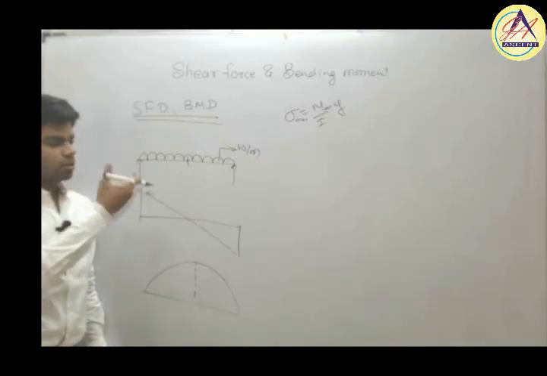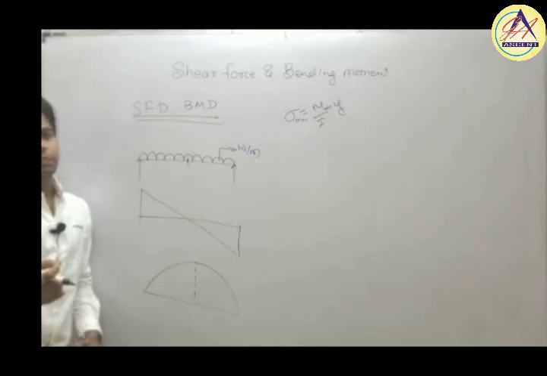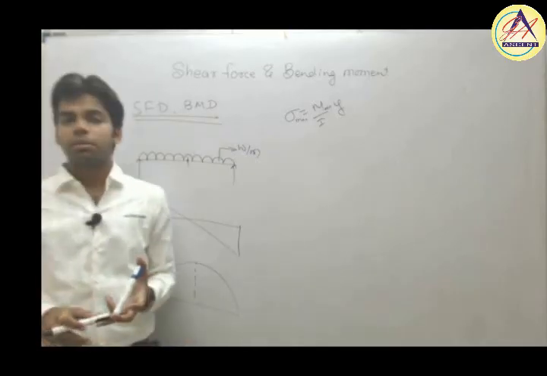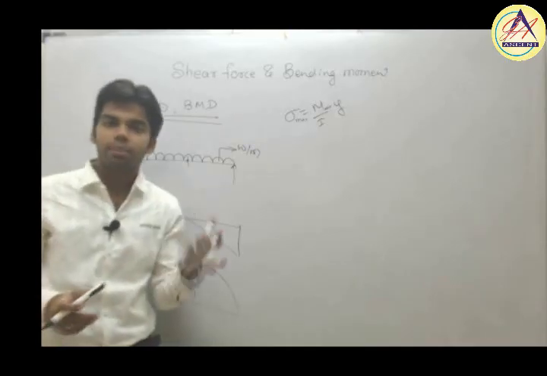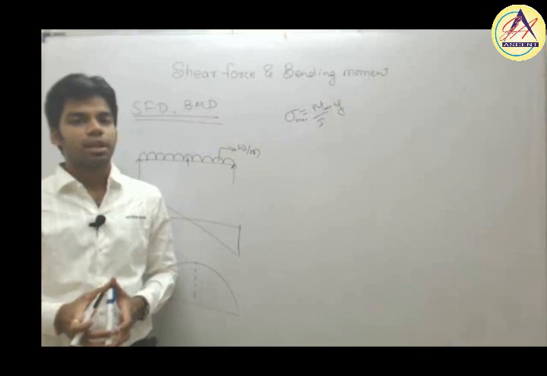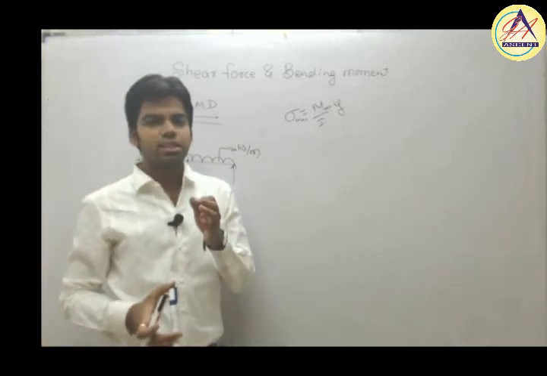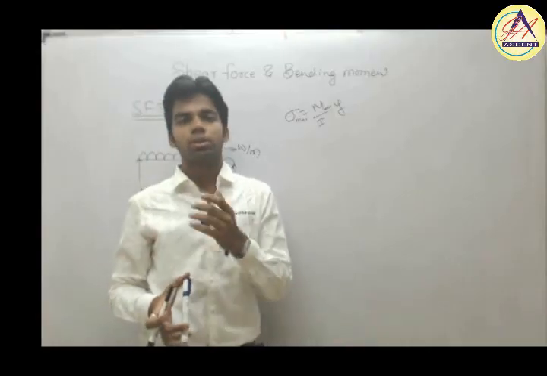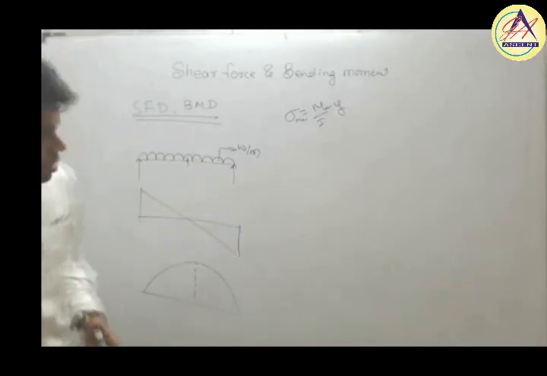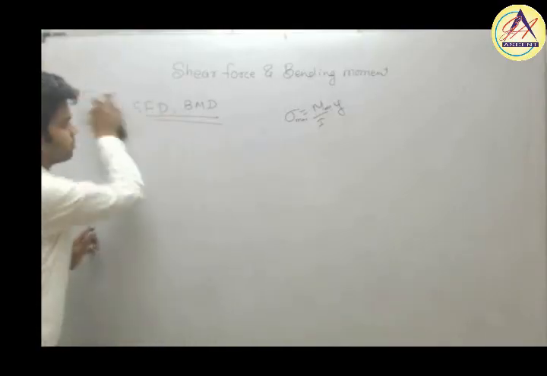Obviously this is a simple loading; we can have any complicated loading. So we will have to determine the maximum bending moment at the point where it is acting. For this, the shear force and bending moment diagram is very useful because it gives the shear force and bending moment at each and every point across the length of the beam. So this is the significance of the shear force diagram and bending moment diagram.